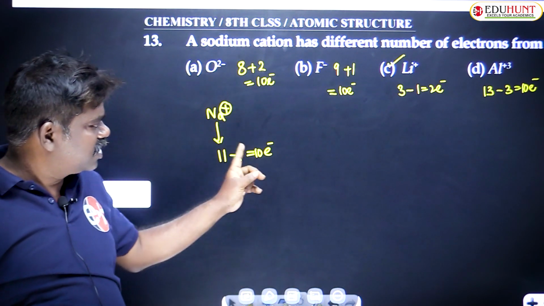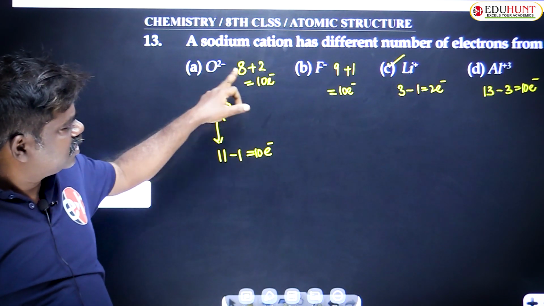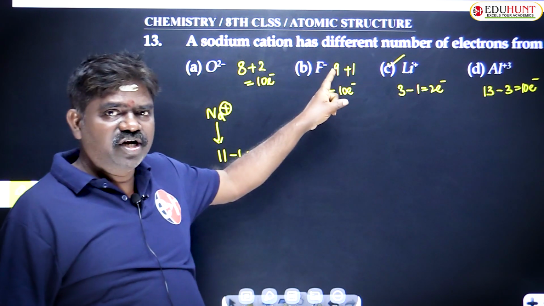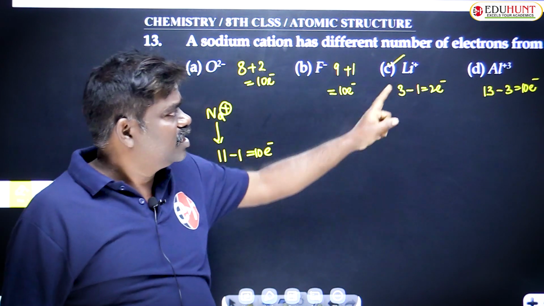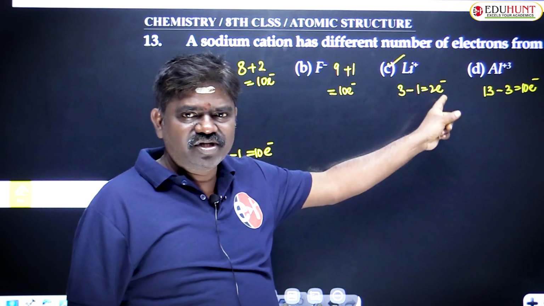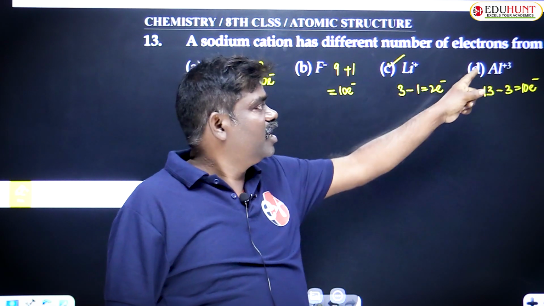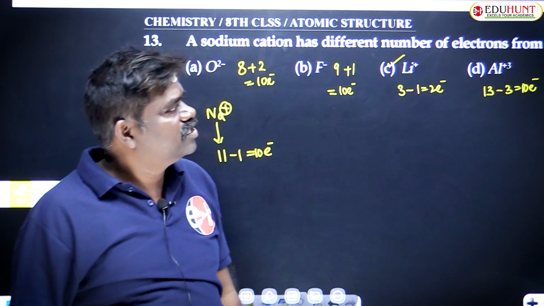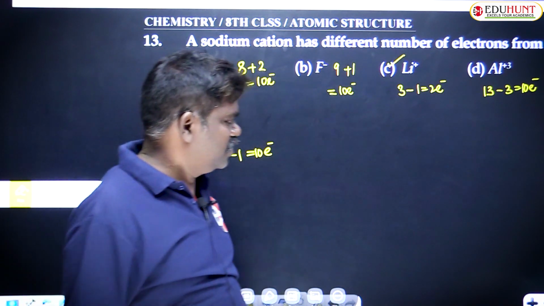Sodium cation contains 10 electrons, the oxygen anion O2 minus contains 10 electrons, the fluoride ion contains 10 electrons, Li plus contains only 2 electrons. So this is the answer, because a different number of electrons is present only here. And Al3 plus contains 10 electrons. So the answer is Li plus.